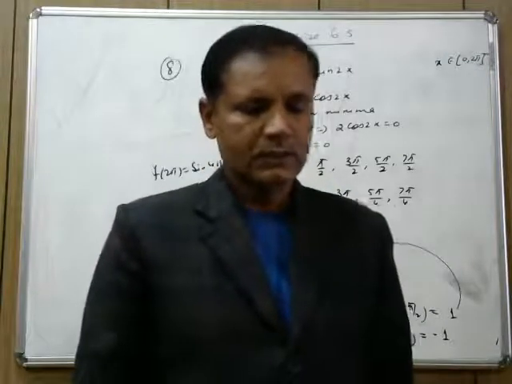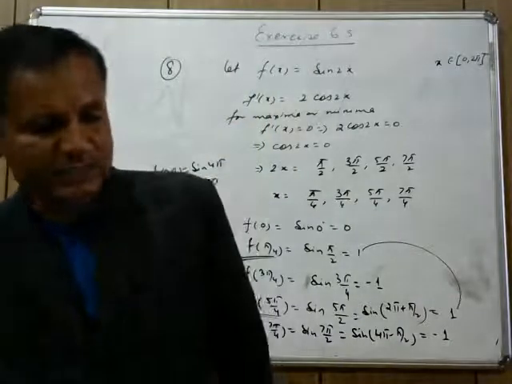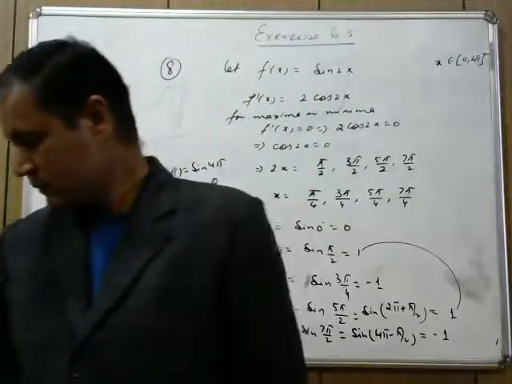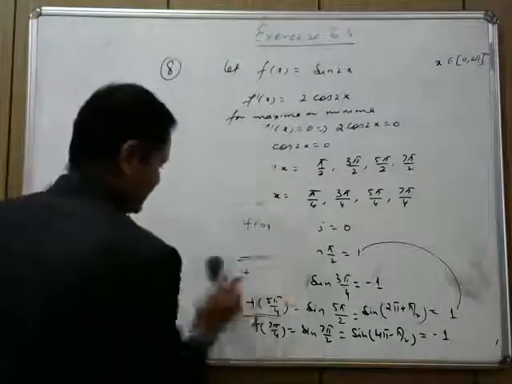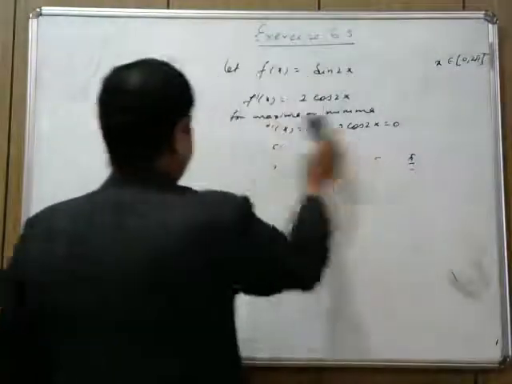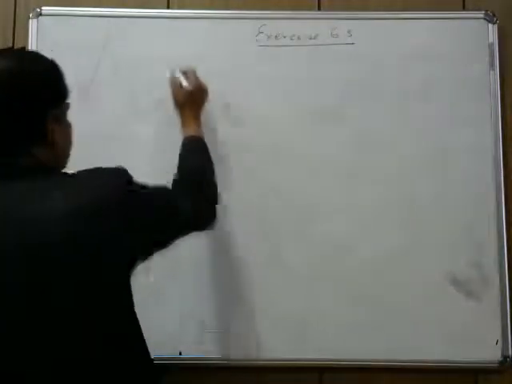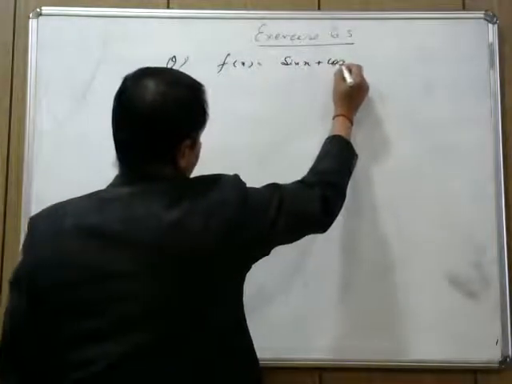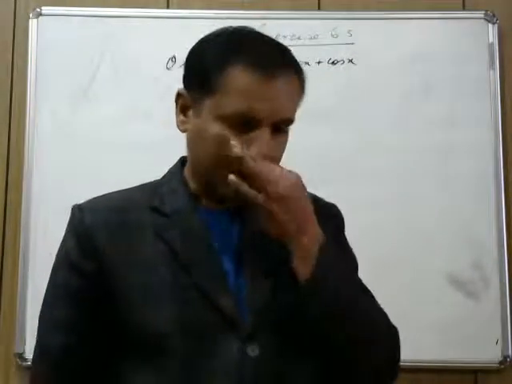This is the way to do it. Similarly, we can do question number 9 also. In question 9 we have, what is the maximum value of the function sin x plus cos x?